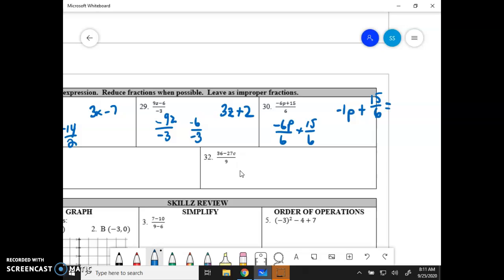But you don't have to change it into a mixed number. If you just reduce this to 5 over 2, that would be the best. But negative 1p plus 5 over 2 is a totally fine answer. You could also convert that to a mixed number and say negative 1p plus 2 1/2.